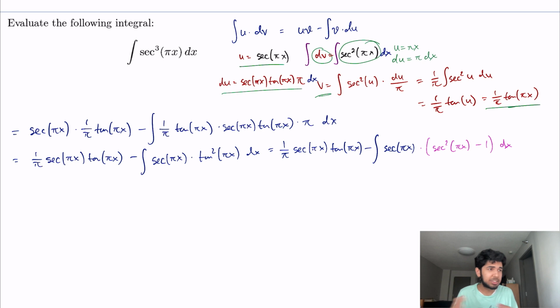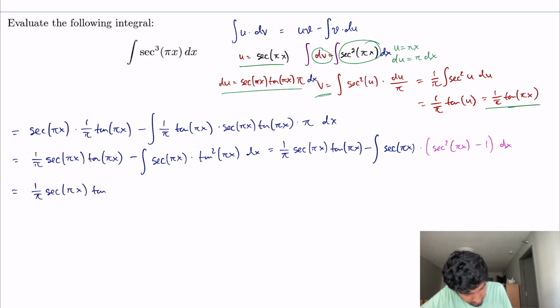Now let's just distribute and work from there and see what we get. This is 1 over pi secant of pi x times tangent of pi x minus the integral of secant cubed of pi x minus secant pi x dx.